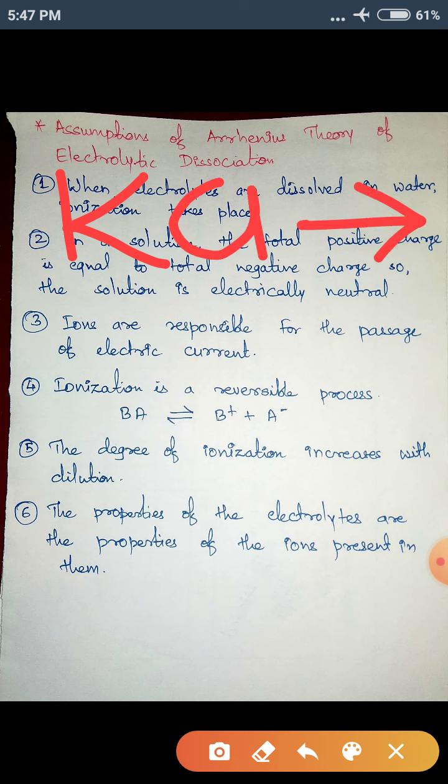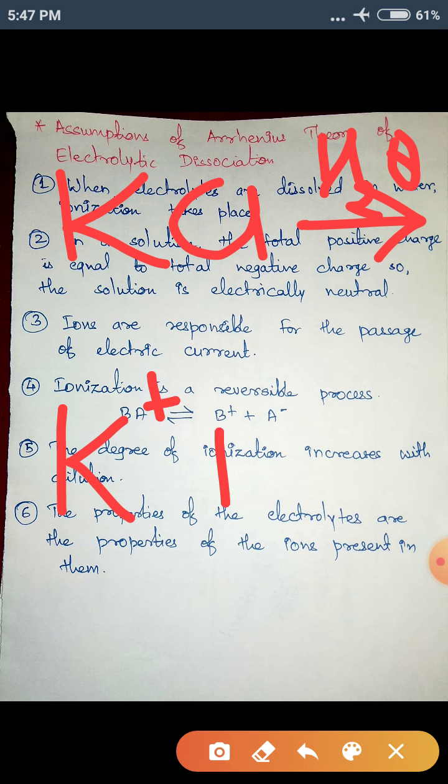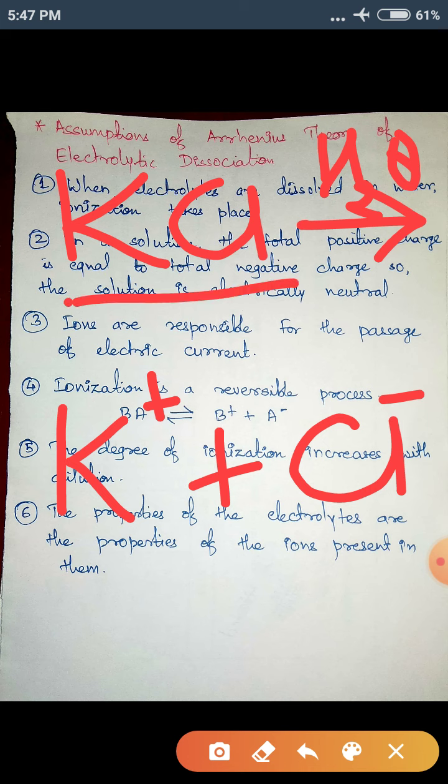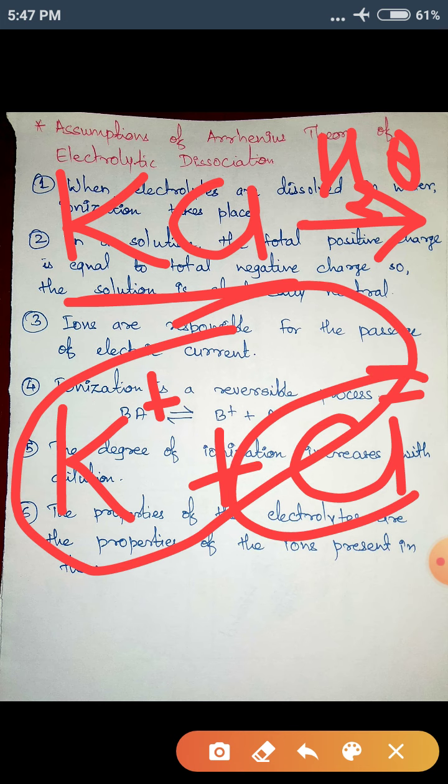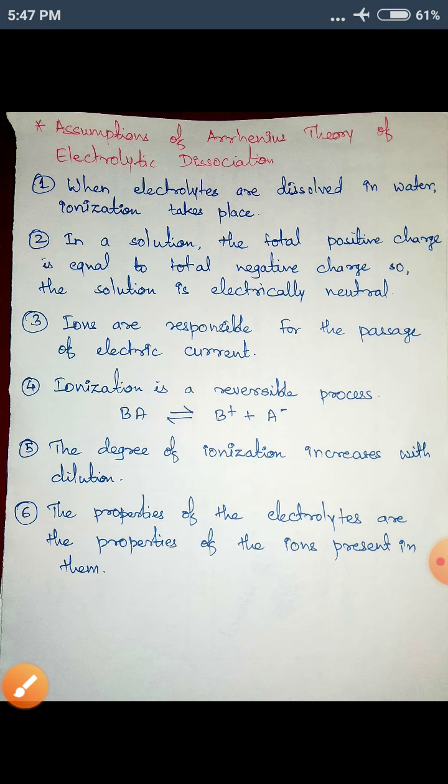When I add this in water, H2O, ionization takes place. What is the ionization process? It is the splitting up of positive and negative charges, that is, separation of K plus and Cl minus. This process is called ionization. Whenever you add any electrolyte into water, separation of charges takes place.